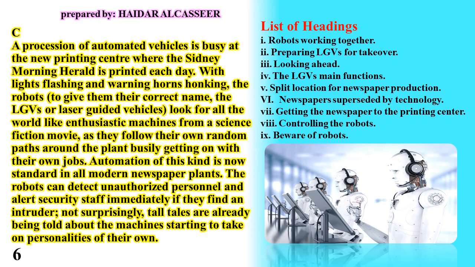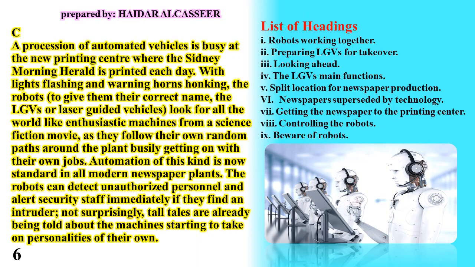Okay, let's come here. Robots working together. It doesn't talk about robots working together, it talks about robots working among themselves. Preparing LGVs for takeover, it doesn't talk about that. Looking ahead, it doesn't talk about the future. The LGVs' main functions, it doesn't talk about their functions, it talks about each one's function, each one's thinking.